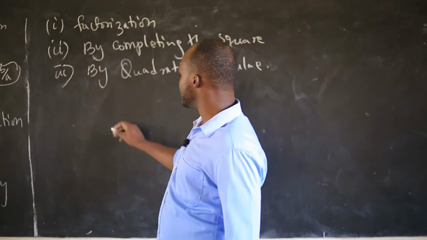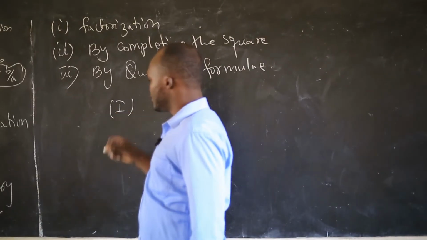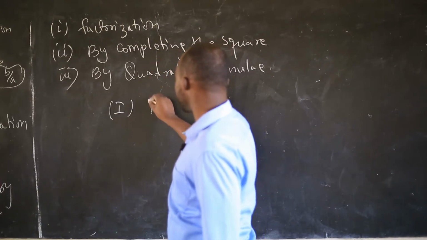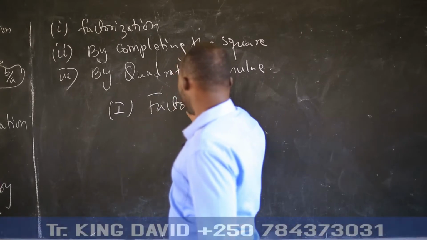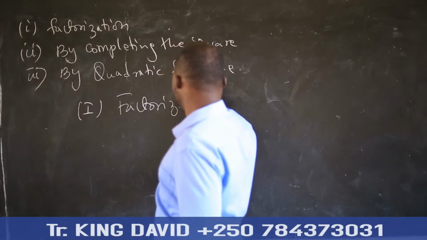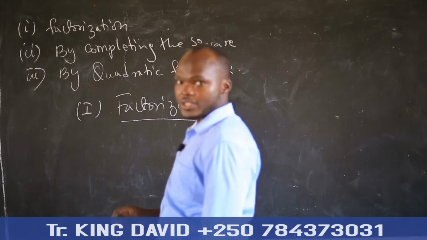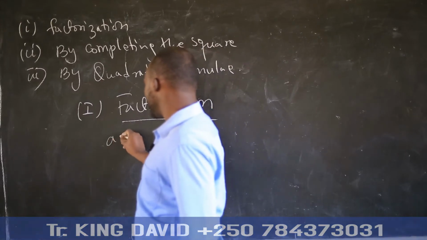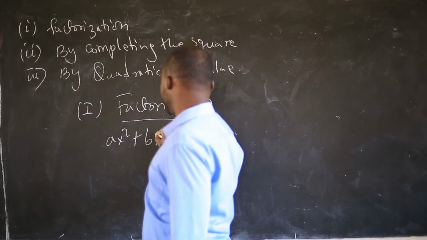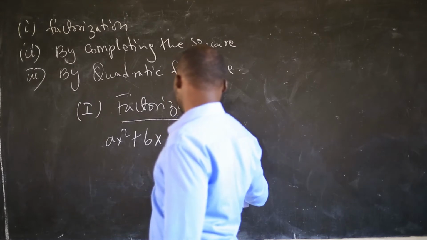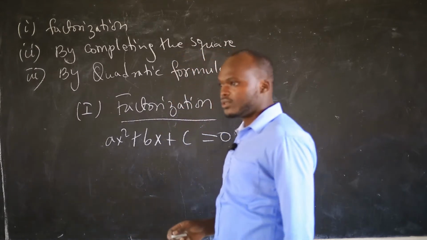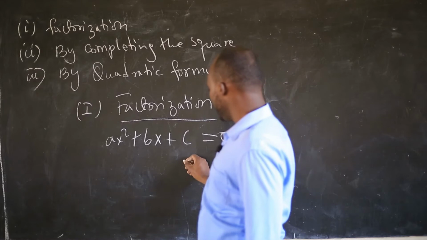So let's start with Roman 1. We start with factorization. How can you use factorization to solve quadratic equation? So I have ax squared plus bx plus c equal to 0. What I do, I have sum.